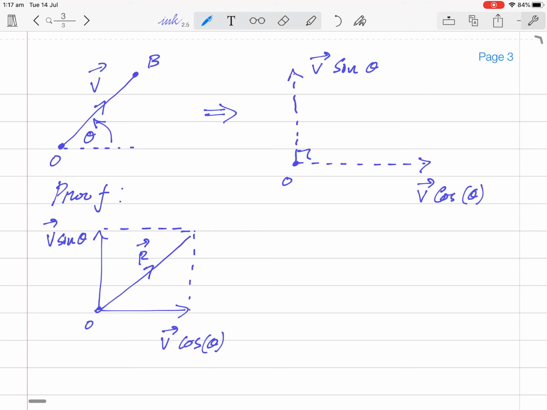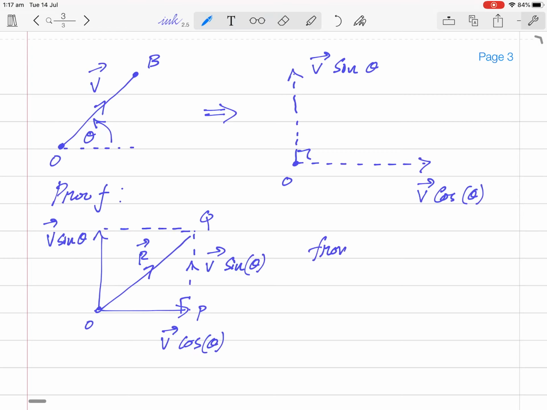Now we know that this V sine theta vector can be parallelly transformed, so that this would be V sine theta. And I would say this is P point and Q point.